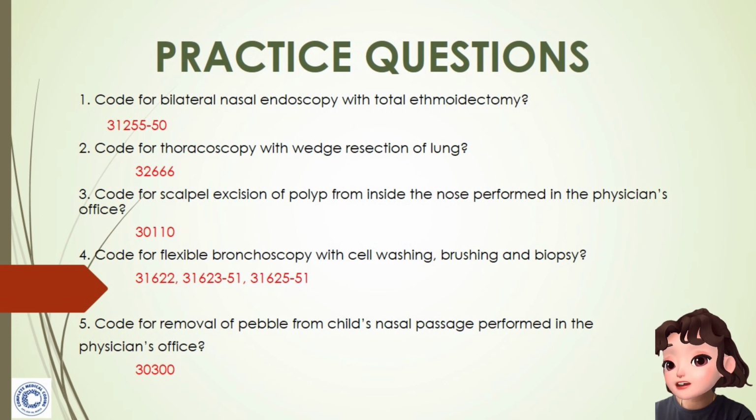Below that, under 32650, when you check, it will end up in 32666, which is thoracoscopy, surgical with therapeutic wedge resection. There it's written wedge resection, unilateral. In the question, nothing is written unilateral or bilateral. If it is written bilateral, we will use the modifier 50. Okay.